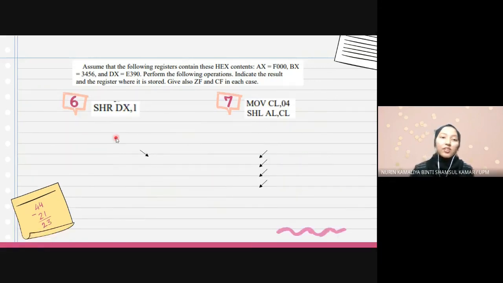Alright, for the sixth question, one of the last two questions before we finish. Shift to the right, DX, 1 means here you must shift to the right E390 for 1 time only.